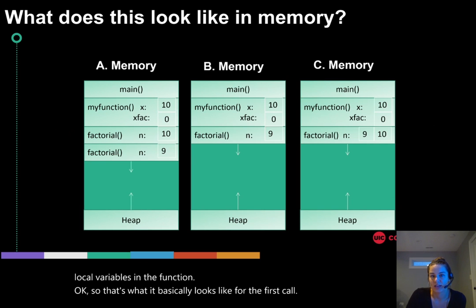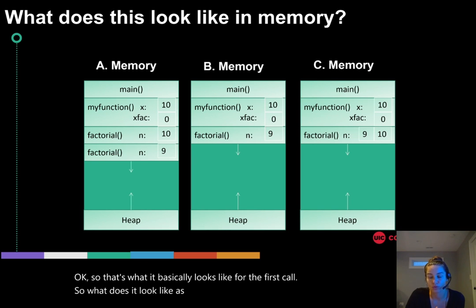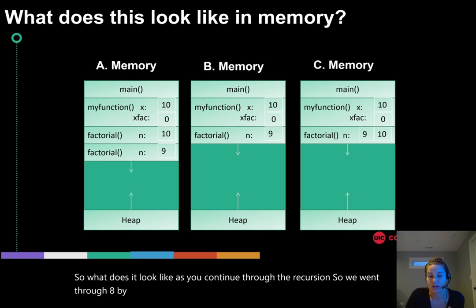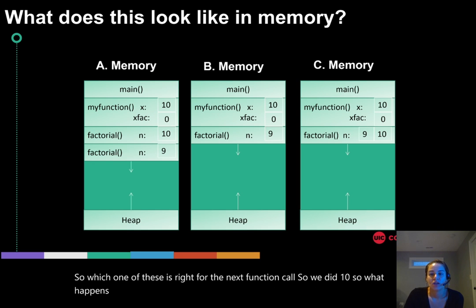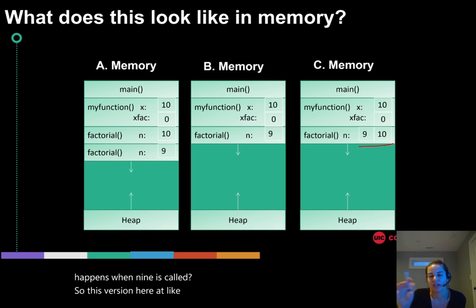So what does it look like as you continue through the recursion? We went through 8 by hand just now. We went through 10, 9, and 8. So which one of these is right for the next function call? We did 10, so what happens when 9 is called? This version puts the 9 variable inside the same stack frame as the original 10.